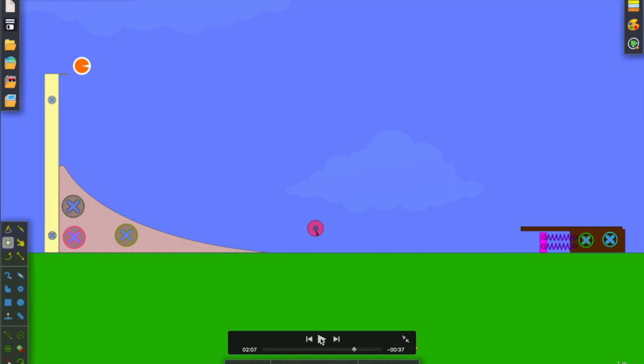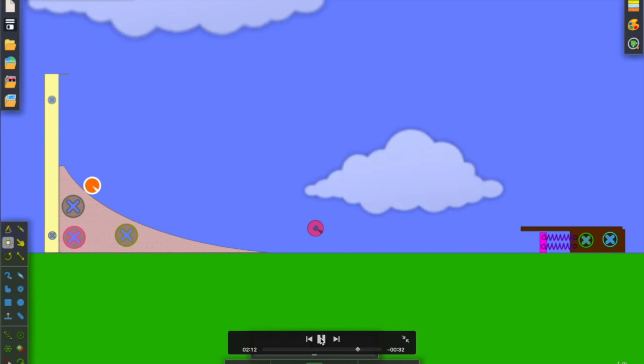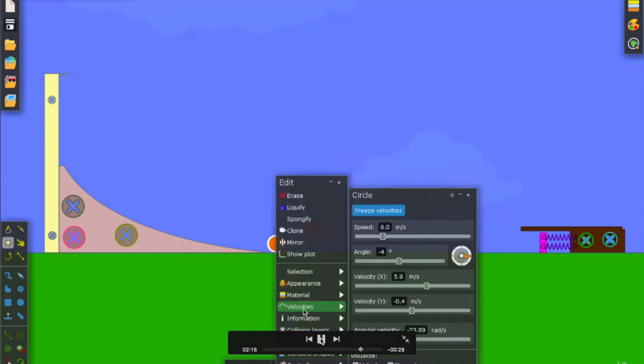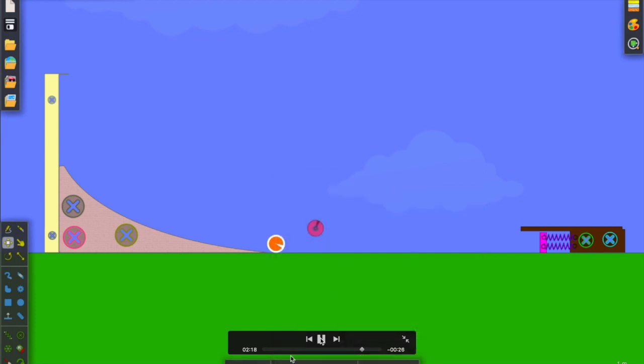And in the final situation, I'm going to look at dropping the ball, and as it rolls under a motor, we'll see if the motor does some work on the ball. So I'm going to drop the ball, and the velocity of the ball here is 6 meters per second, like it was before.